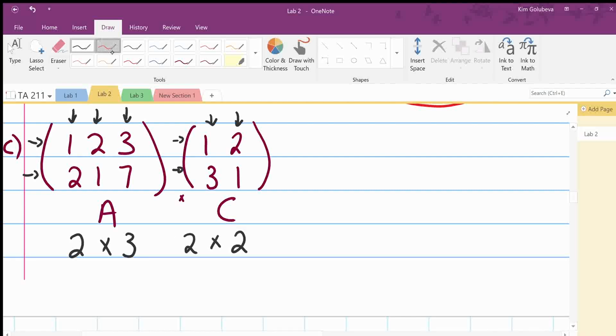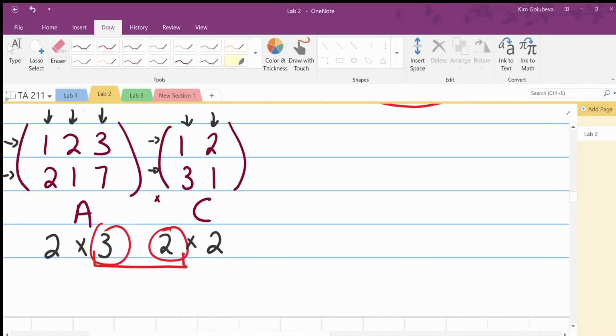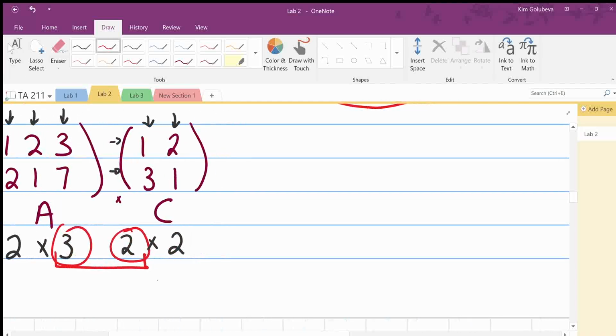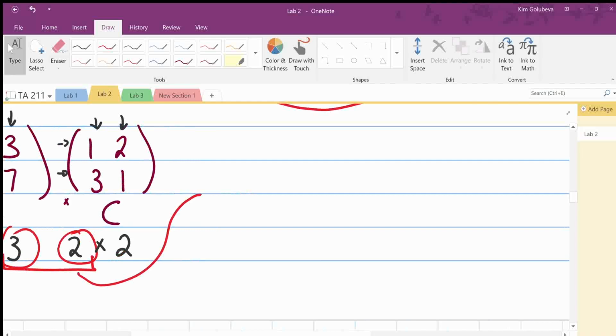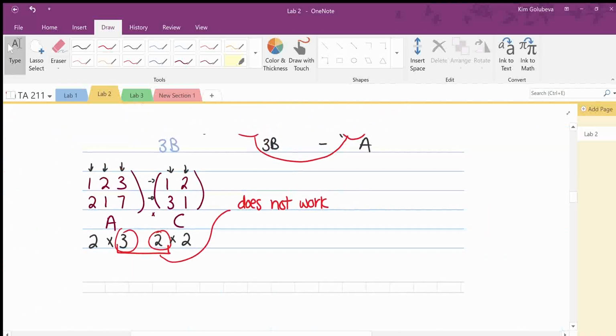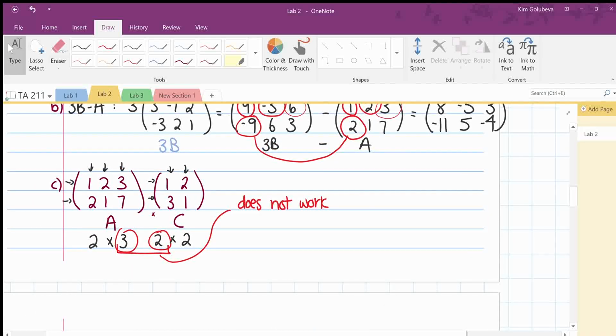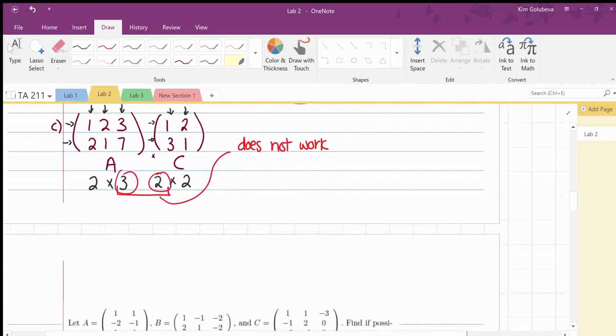And going back to what our rule is, we know that these two inner ones have to be the same in order for multiplication to work, but we can see in this case that they are not the same. So this one does not work. So for C, the answer is we can't do it. It doesn't work because the dimensions don't match.